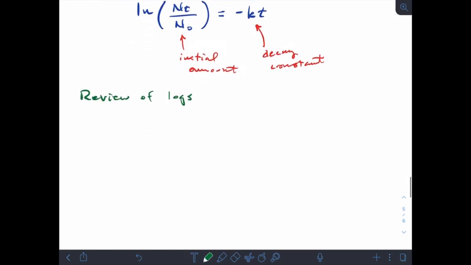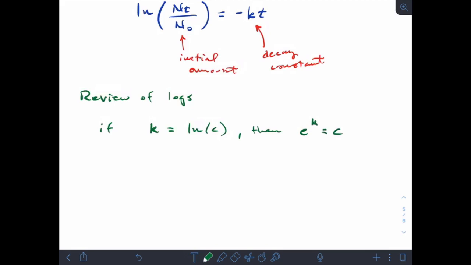So if we have k equals the natural log of c, then e to the k equals c. If I have a natural log and I take e to both sides, then this is the result. So if I need to know what c is, then take e to the k power.